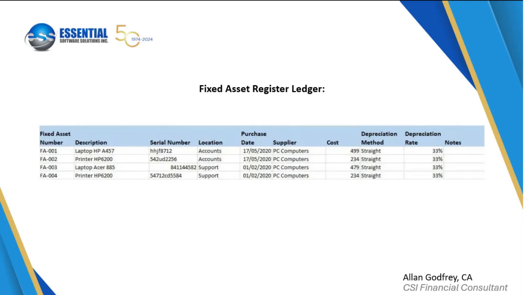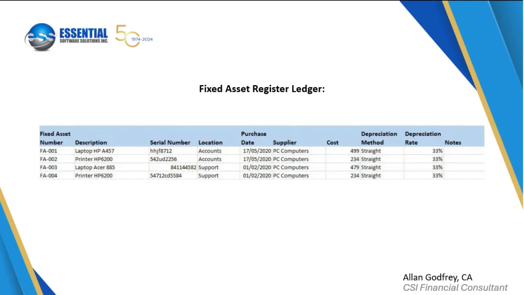So the total of the asset never changes. It always stays at $1,000 until you sell it, for salvage value or whatever, until you decide to basically get rid of it out of your system. So it stays as $1,000, but the offset account for cumulative depreciation is what increases.